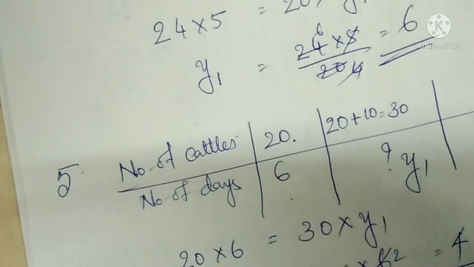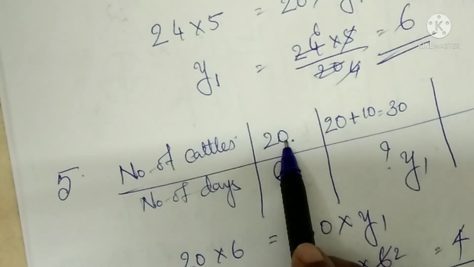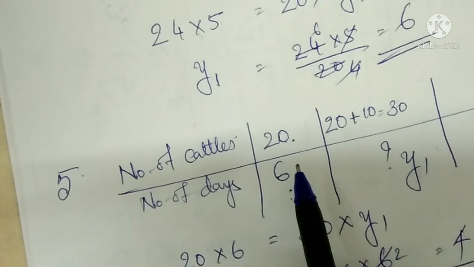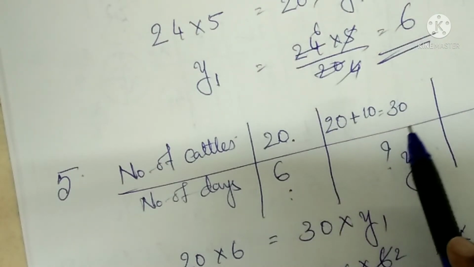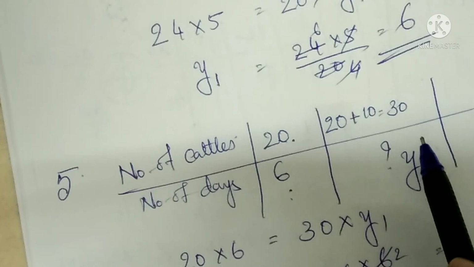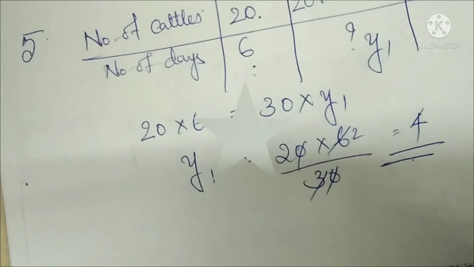So it will remain only for 4 days. See children, 6 days the animals can eat if there are only 20 animals. So if the number of animals increases, then the number of days for which the food will last will decrease. It becomes 4 days.